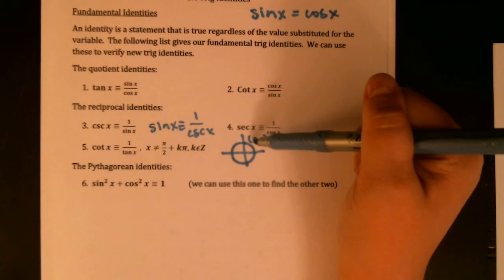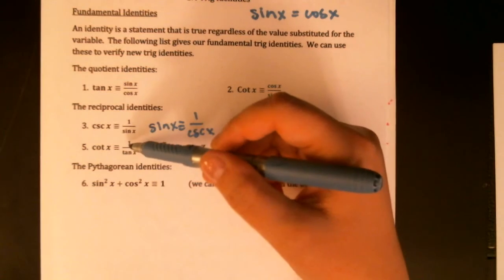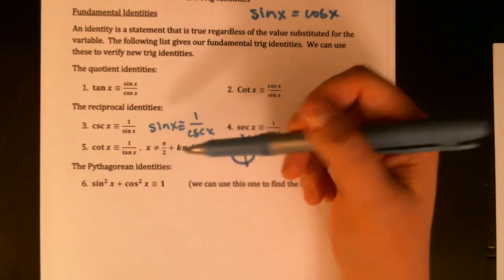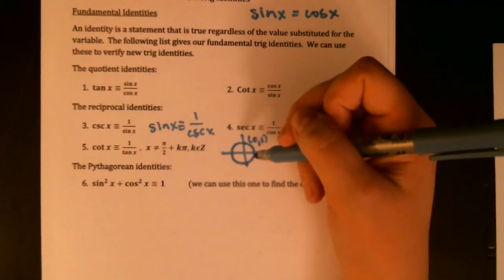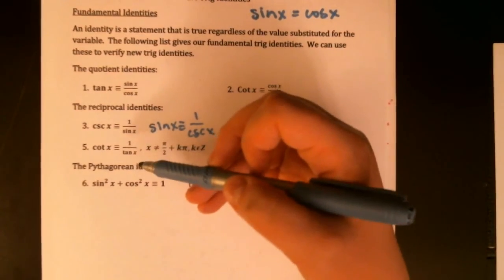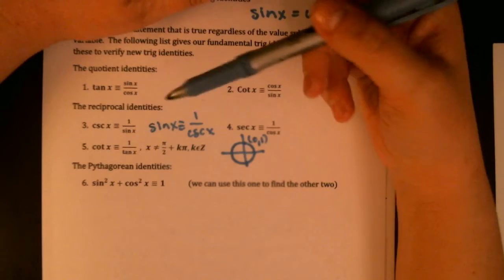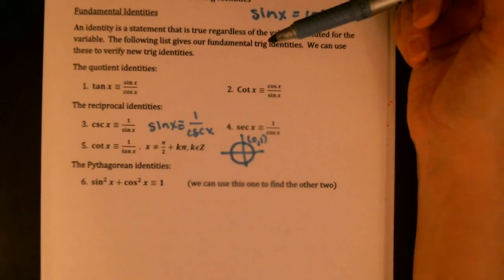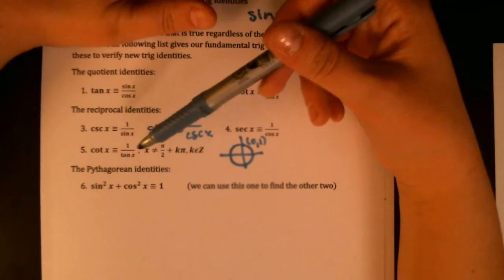Tangent is 1 divided by 0, which is undefined, and 1 over undefined is not 0. So we have a little bit of a problem right at the asymptotes of whichever function is on the bottom. Otherwise, this will work. As long as we leave out the certain quadrant angles that give us trouble, this will be true.